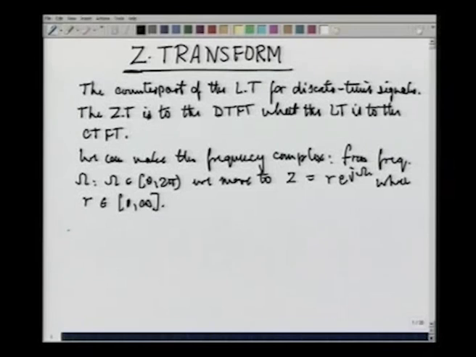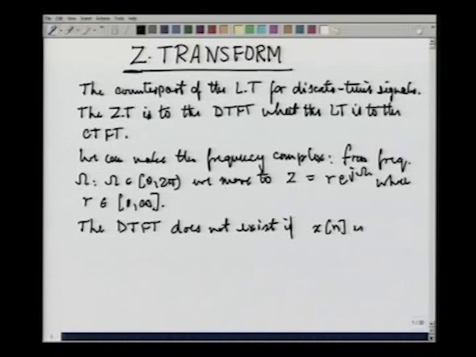The other way is to recall that the DTFT does not exist if xn is not absolutely summable.